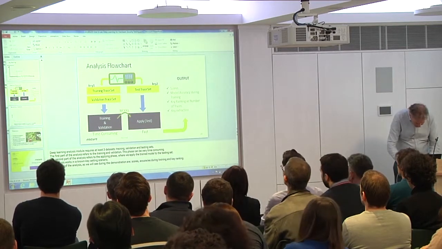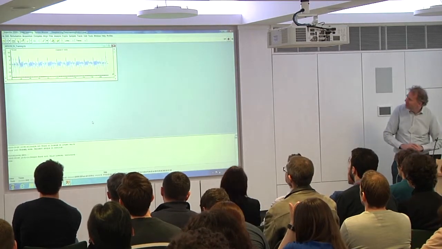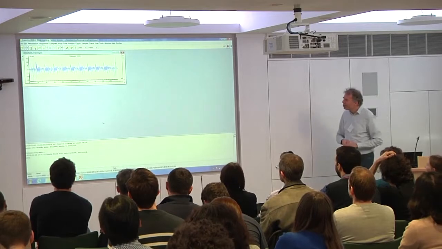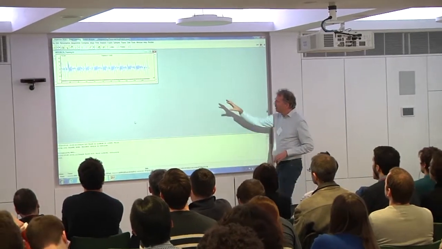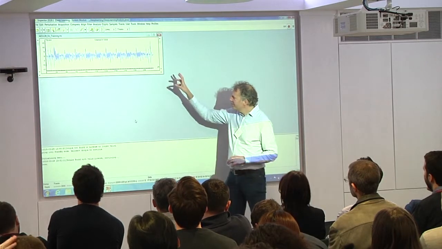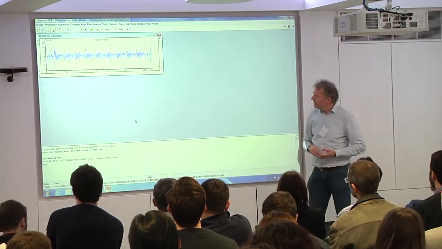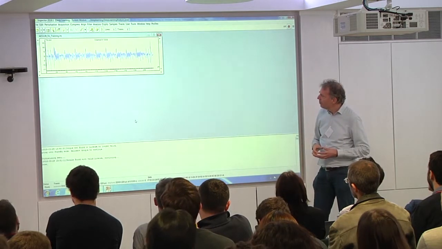Hopefully I'm not going to suffer from the demo effect. So what we're looking at here is a set of traces. There are actually 10,000 traces recorded from a device that does the AES algorithm. It does an encryption.